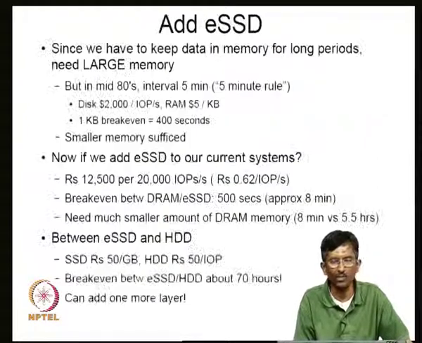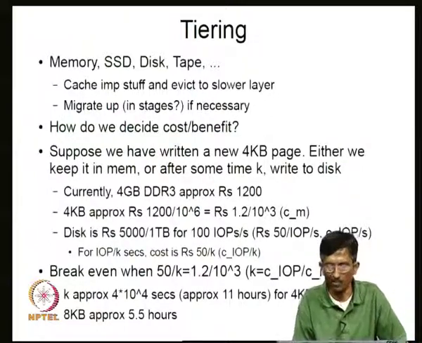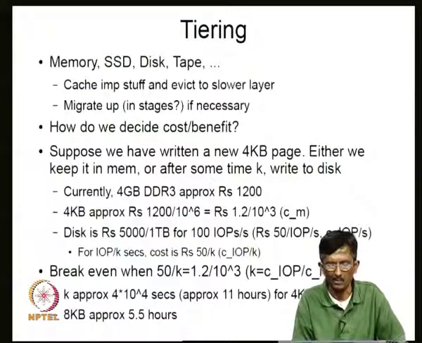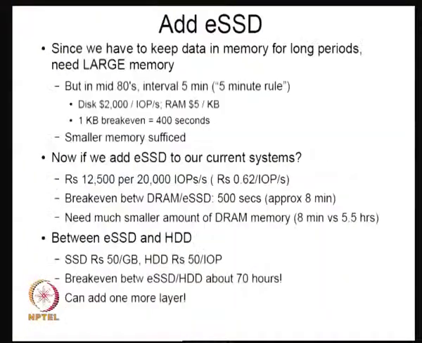But the important thing is to remember how to think about it, how to tier it. I gave you some outlines of a method, and this was first done by Jim Gray. Jim Gray got a Turing Award some time back, and he came up with what is called the 5-minute rule. In those days, in the 1980s, it was this 400 seconds I told you, approximately 6.5 minutes, but the rule is called the 5-minute rule.